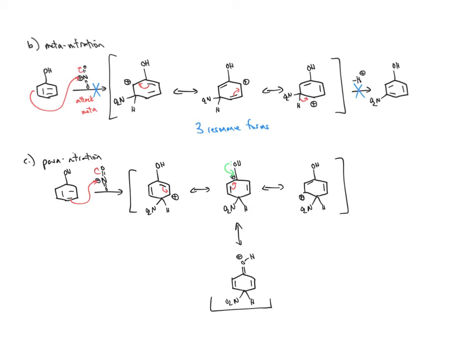Okay, so again, I've got 4 resonance forms. That's pretty good. It's exactly equal to the number of resonance forms that I had for the ortho nitration. And then I can get loss of a proton, of course, to reestablish aromaticity, and I get my para nitrophenol product.